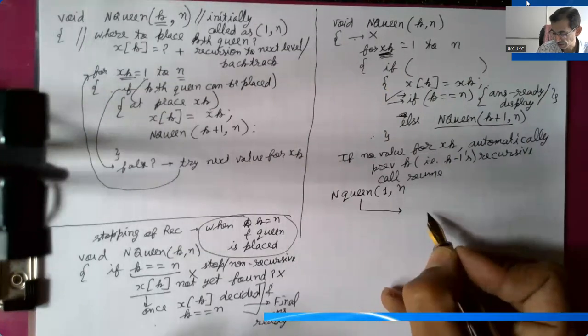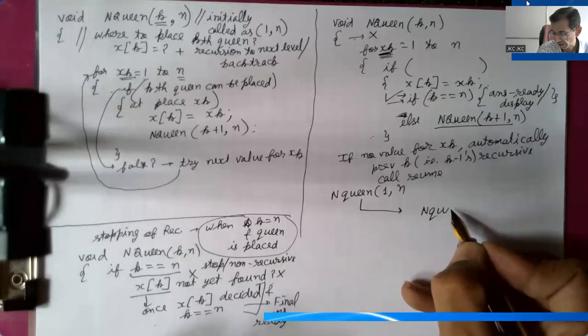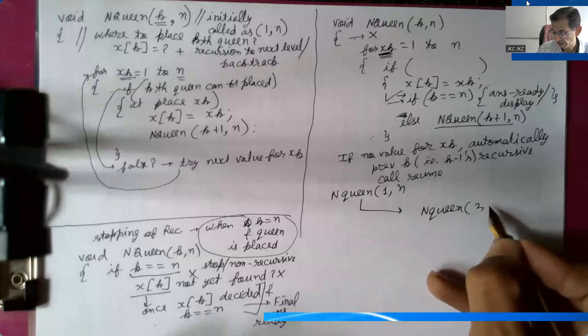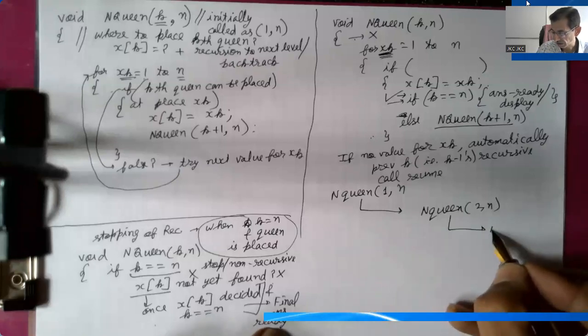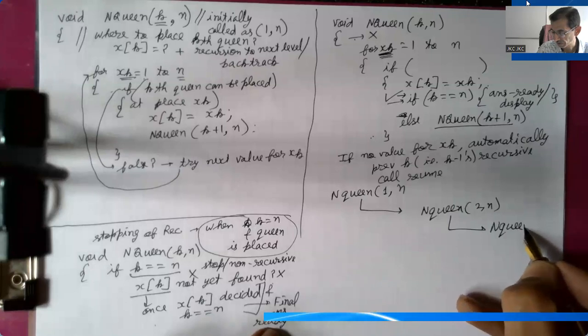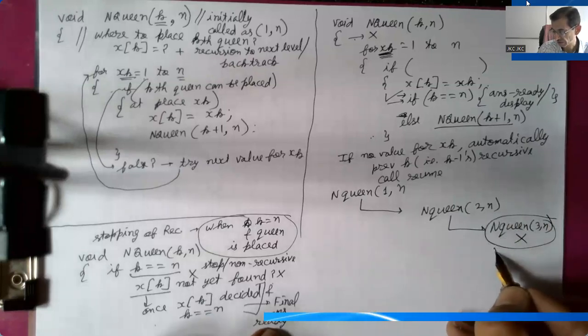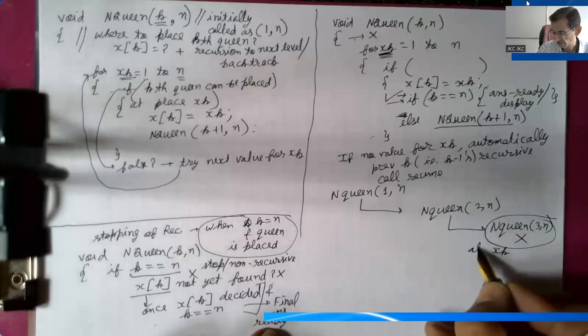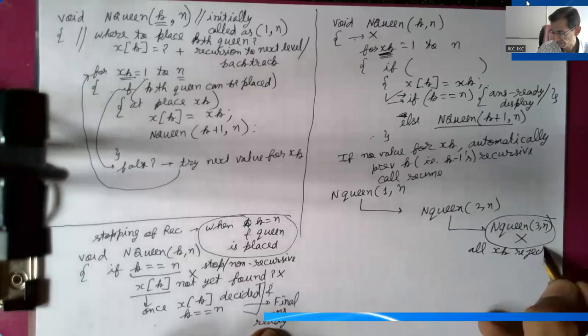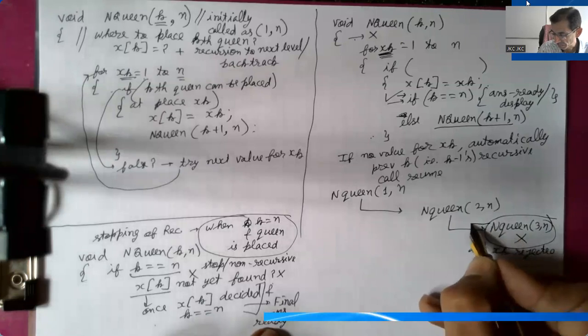This will internally generate a call to n queen 2, n. That will internally generate a call to n queen 3, n. And let's say 3 fails. All xk attempted and all xk rejected. Rejected means backtrack.